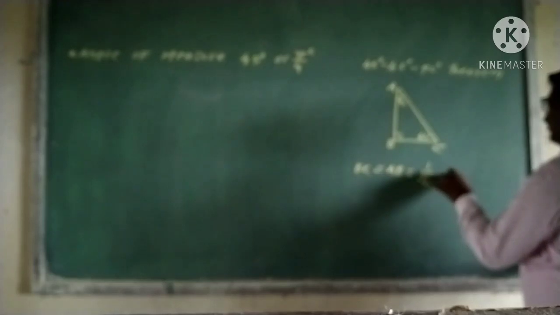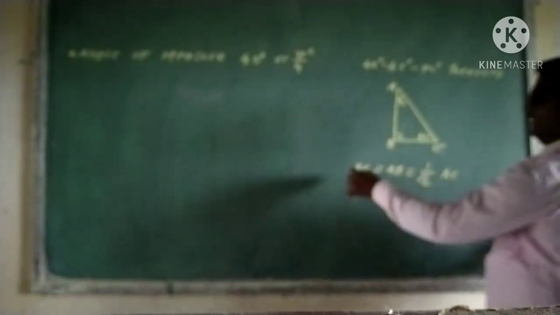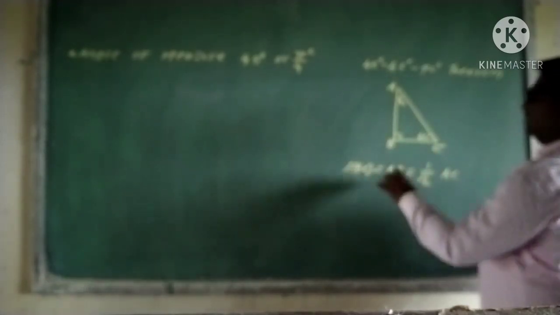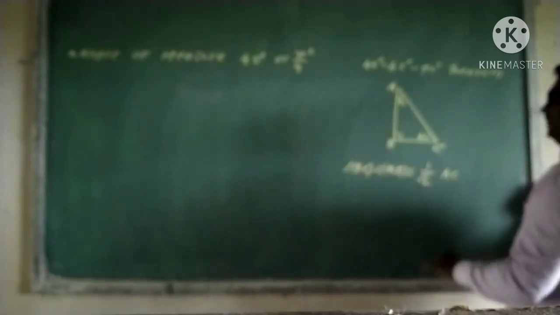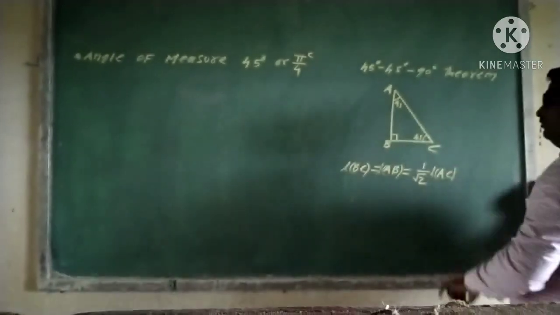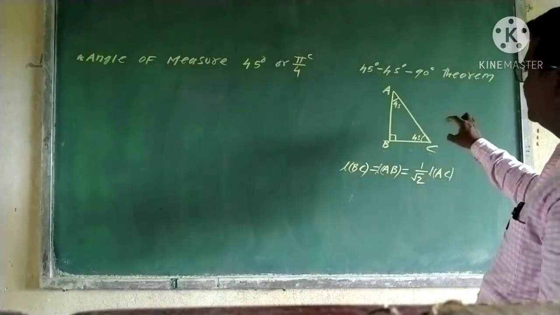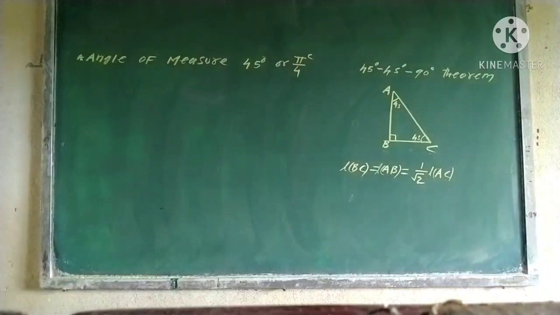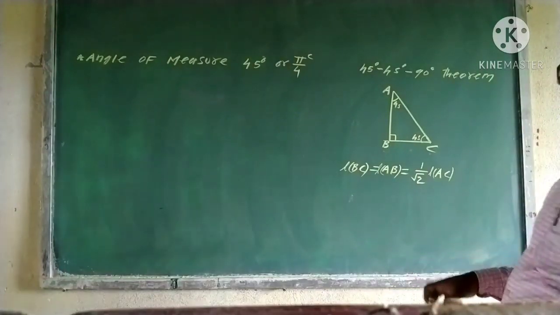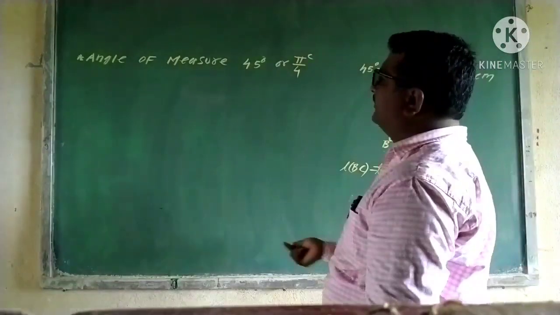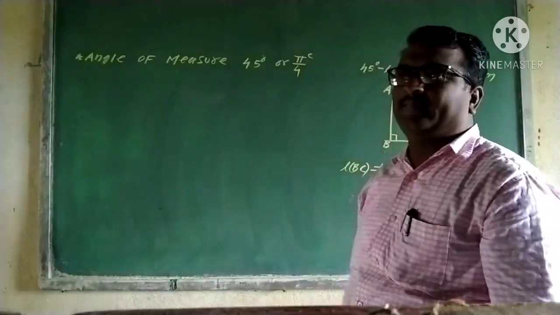So length BC equals length AB equals 1 upon square root 2 times length AC. Now by using this theorem, we can find trigonometric functions for the measurement of 45 degree.